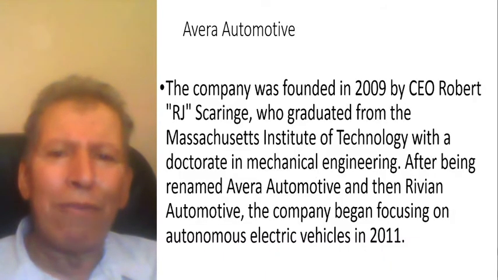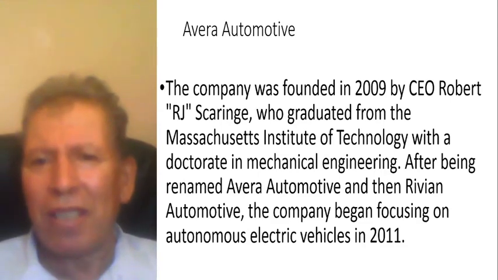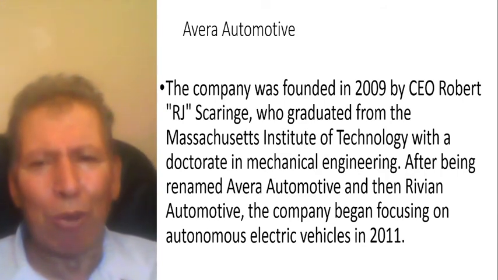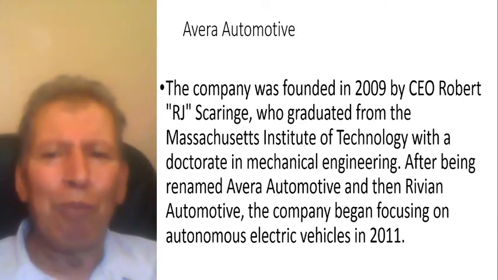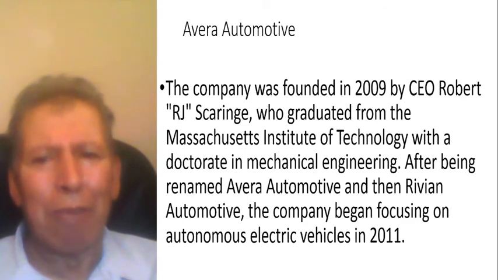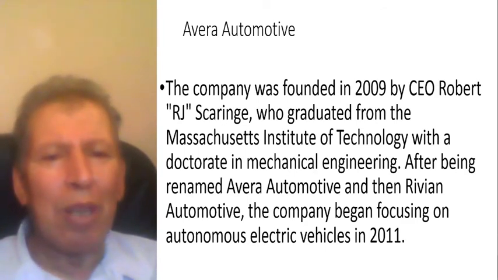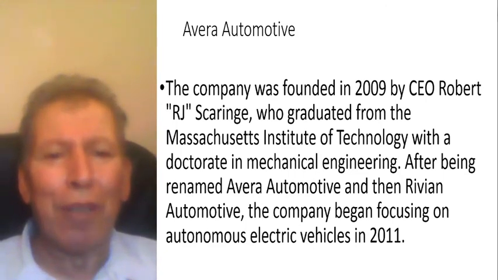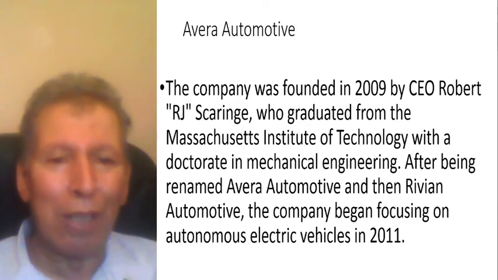The company was founded in 2009 by CEO Robert R.J. Scaringe, who graduated from the Massachusetts Institute of Technology. This is another competitor of Elon Musk. So he's an MIT graduate with a doctorate in mechanical engineering. Well, this is a hint for you.